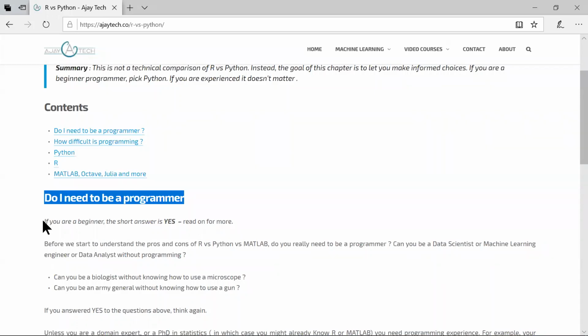Just because you're not good at programming doesn't mean that you'll not be good at data science. But if you don't understand the concepts well, I said concepts, nothing to do with programming, then you'll not be able to do a machine learning job or be a data scientist.